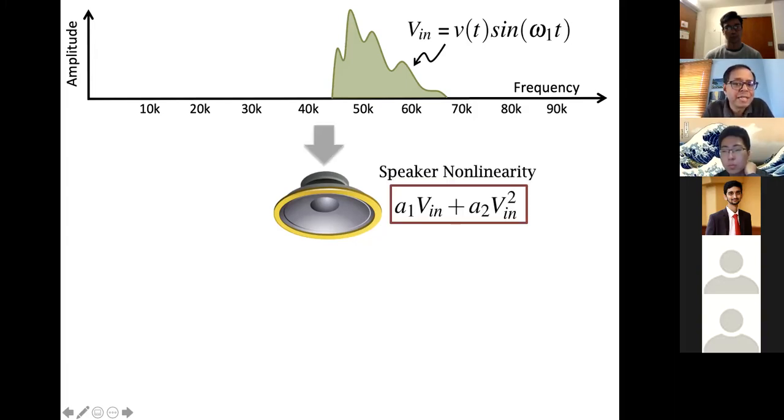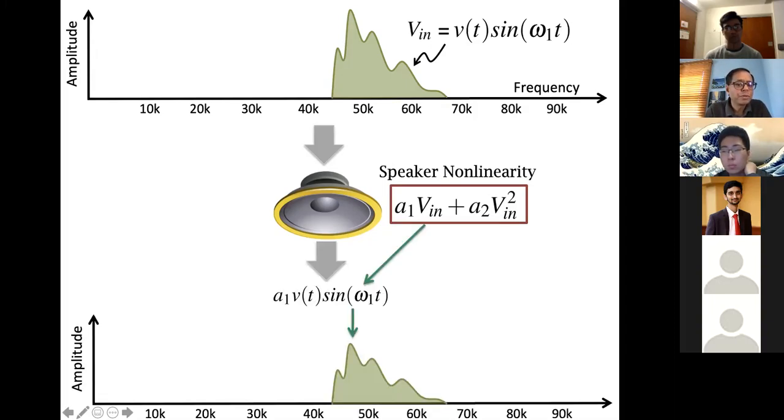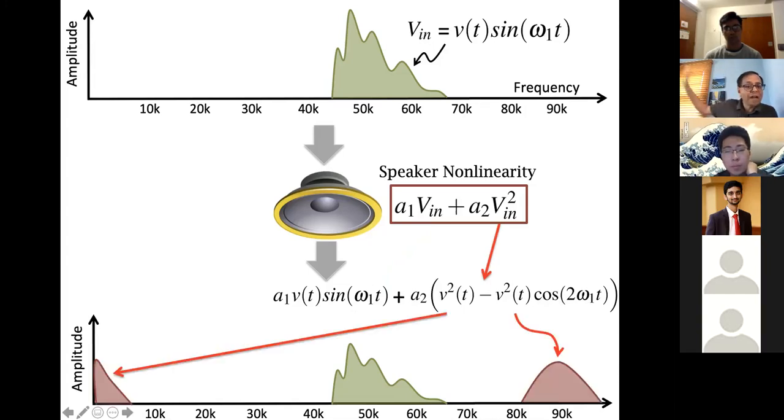Now you send this signal through the speaker, and the speaker also has nonlinearity. Nonlinearity means there is a linear component and a nonlinear component. The speaker will produce the linear component, which will come out inaudible. That's fine. But the speaker will also have a nonlinear component, which is going to create a high frequency component and an audible component in the lower frequency.